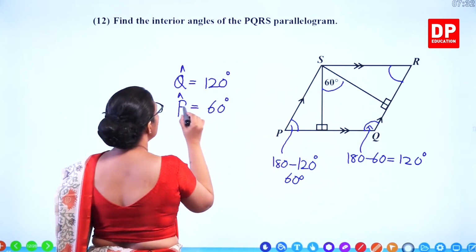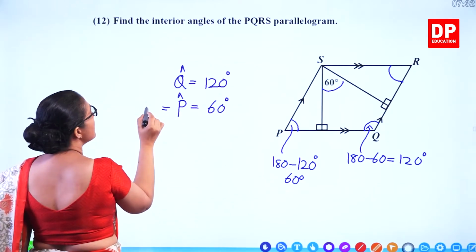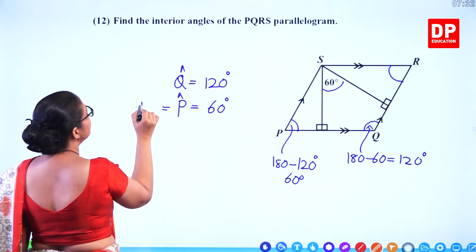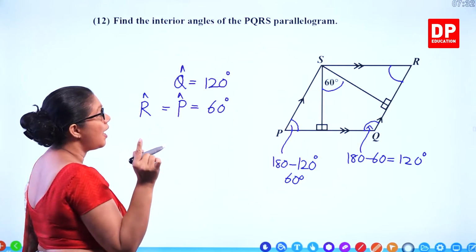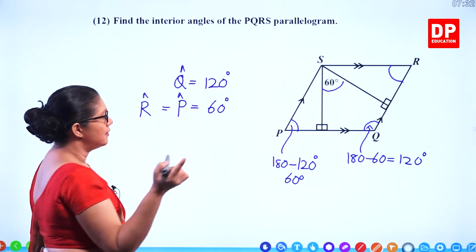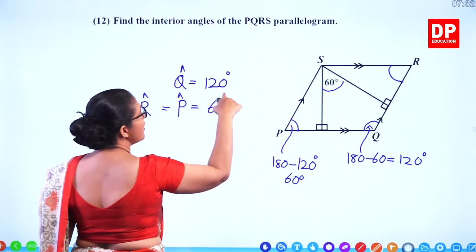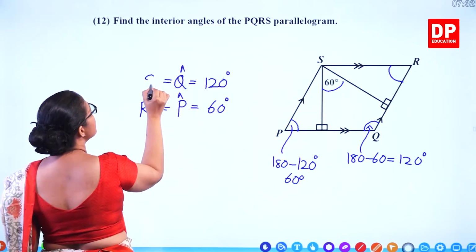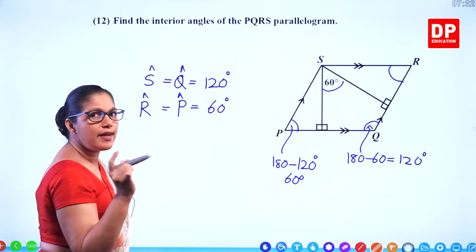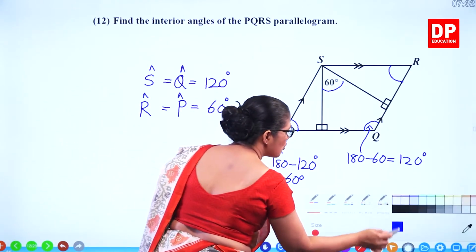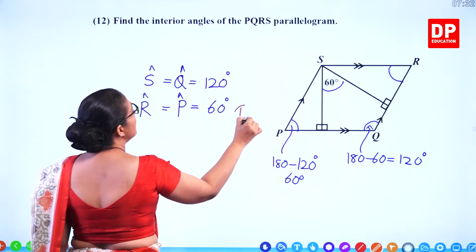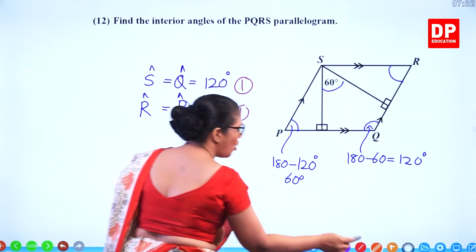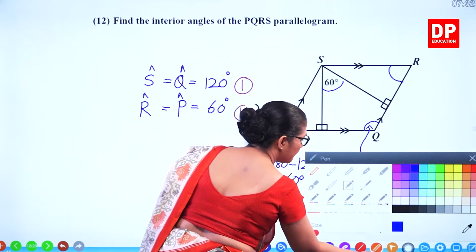So R angle also 60 degrees and S angle also 120. This and this angle both are equal. So you can write S angle is 120. So you get 2 marks, 1 each for opposite angles.